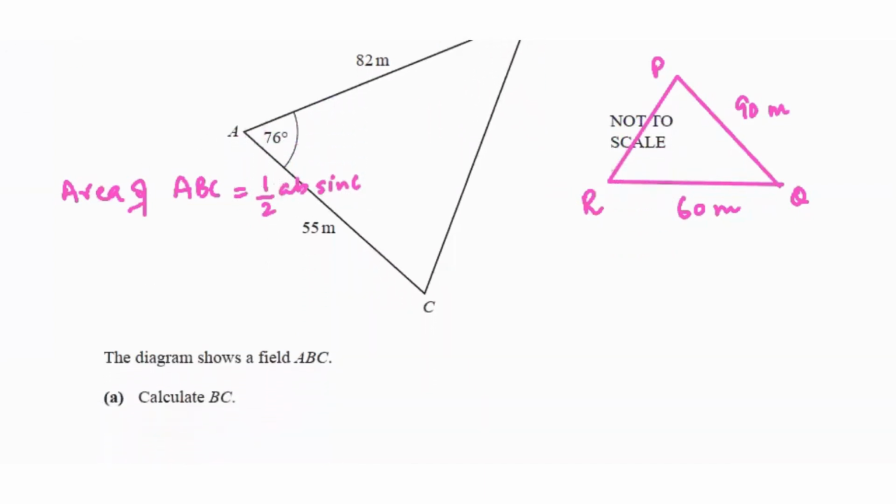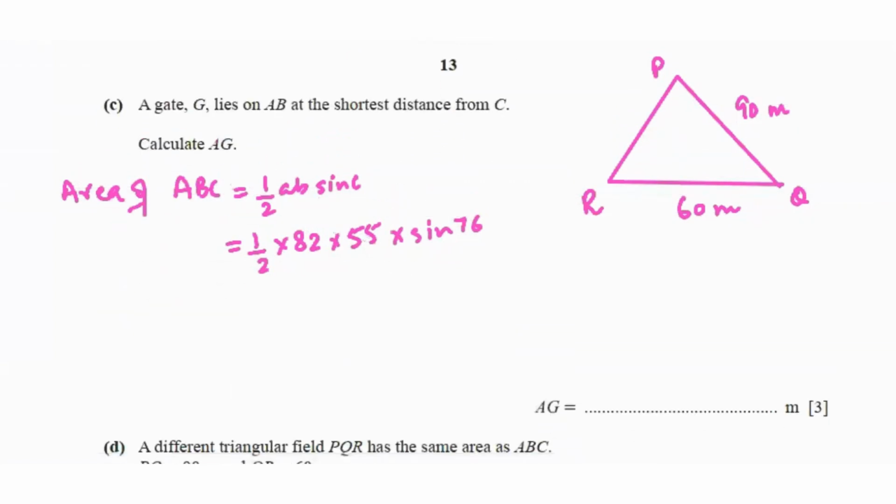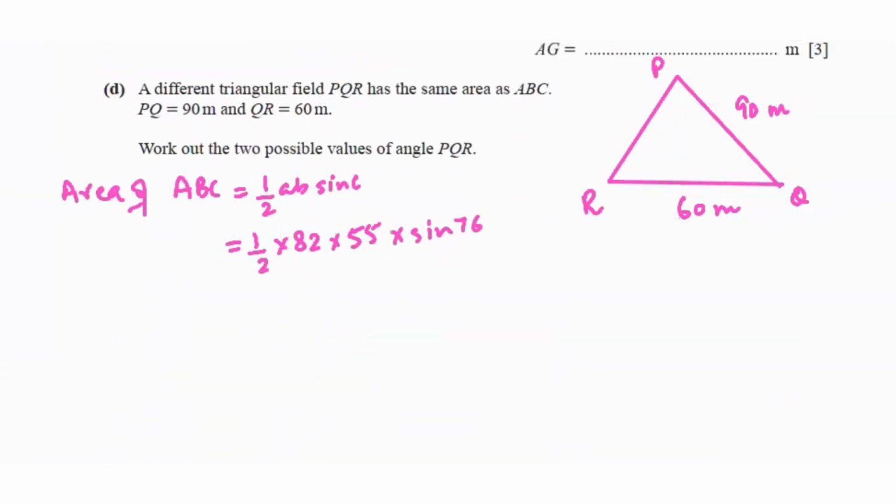So 1/2 times 82 times 55 times sine of 76. This entire thing is going to give us 2188.02 meter square.